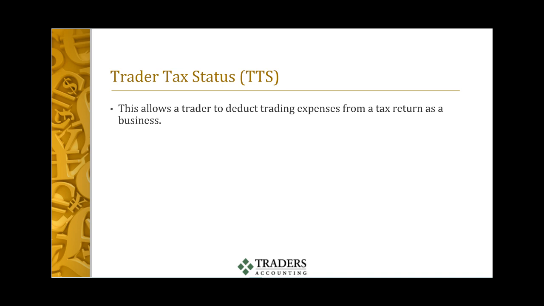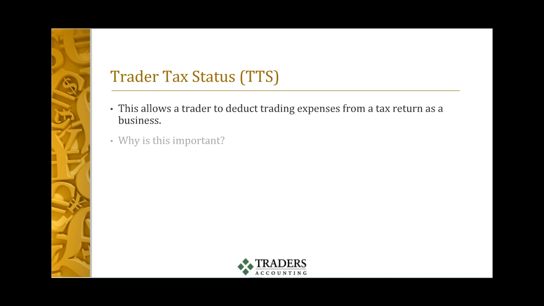Well, if you're deducting the expenses on your tax return, that means you're not having to pay tax on that amount. And so when you get refunds, that is cash saved, or it could be considered cash inflow, and you can take that cash and put it back into investing. So trader tax status is extremely important for keeping cash inside of your business so that you can reinvest it.